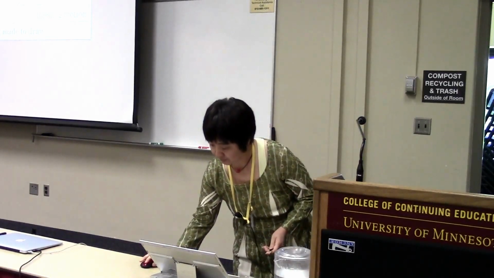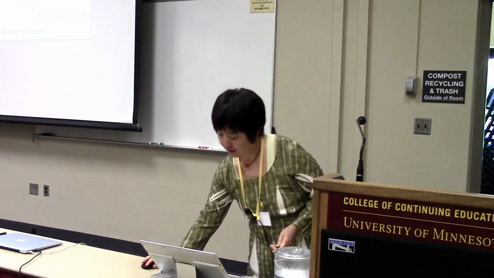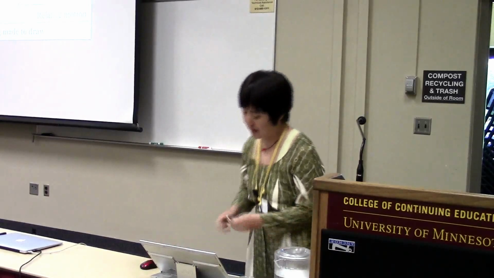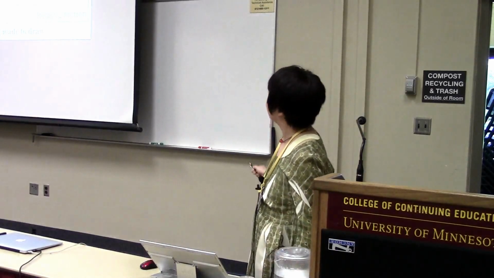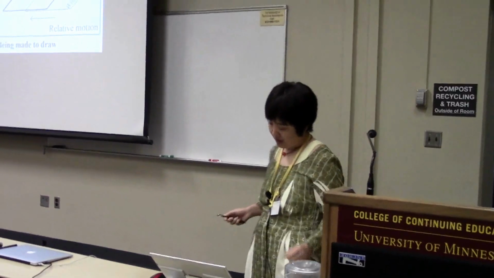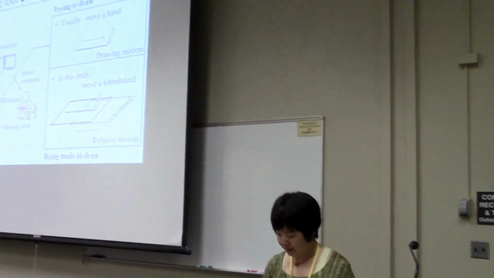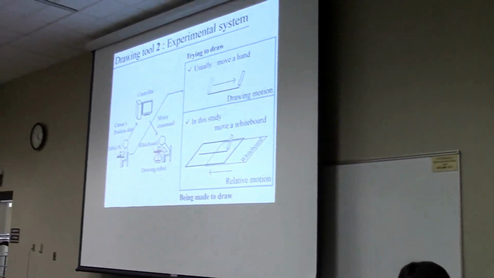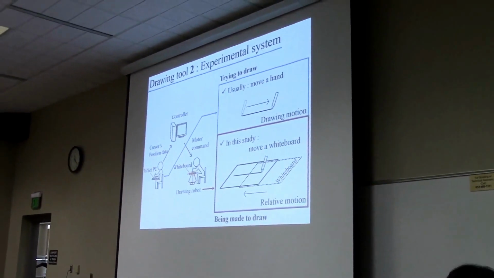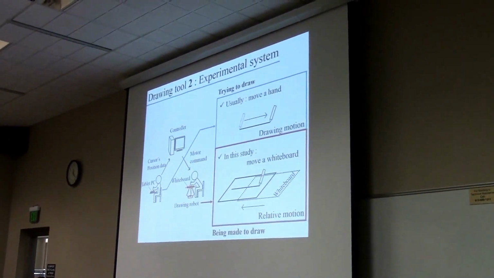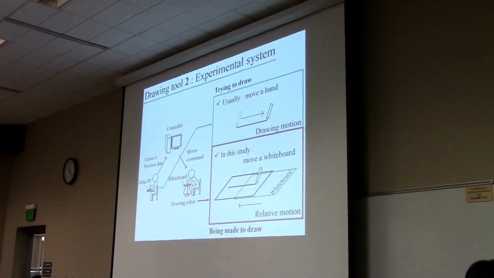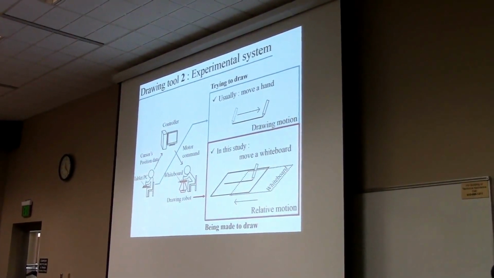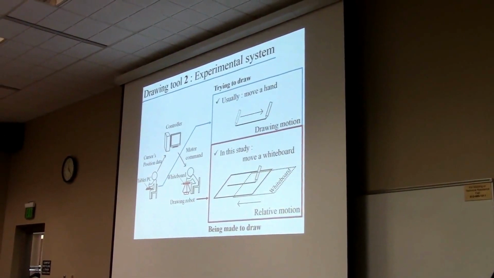So, usually, people moved a hand when drawing, like this. But in our study, the participants hold only a pen. Instead, the robot moves the drawing board based on the recorded data. The relative motion occurred in the system.